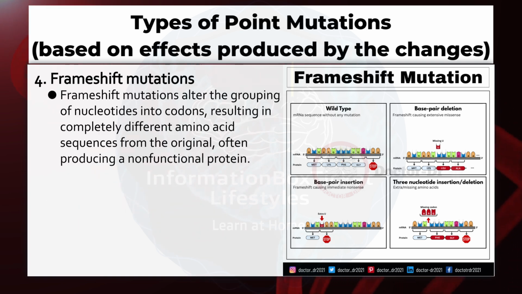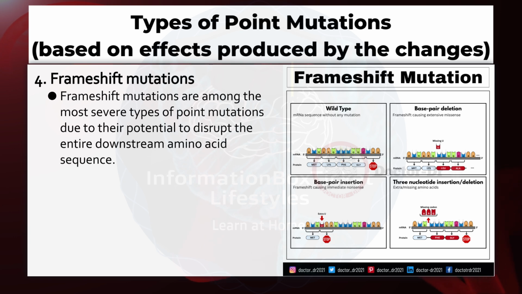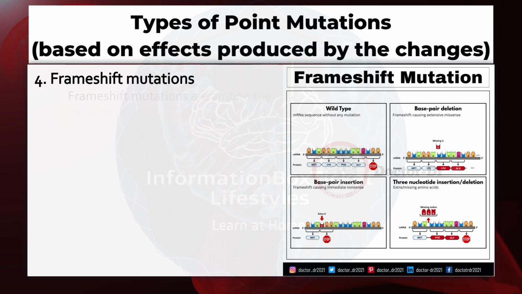Frameshift mutations alter the grouping of nucleotides into codons, resulting in completely different amino acid sequences from the original, often producing a non-functional protein. These mutations frequently result in the formation of abnormal polypeptides that are either too long or too short. Frameshift mutations are among the most severe types of point mutations due to their potential to disrupt the entire downstream amino acid sequence.